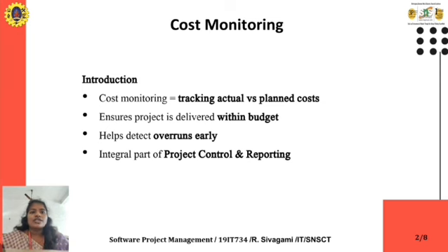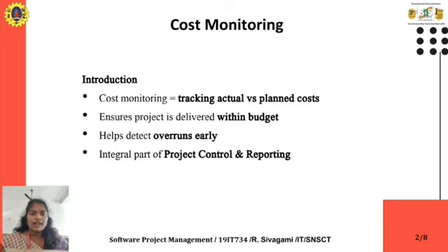The introduction. Cost monitoring is equal to tracking actual versus planned cost. We have to plan some cost for one project, this much of amount we have to spend for that project.